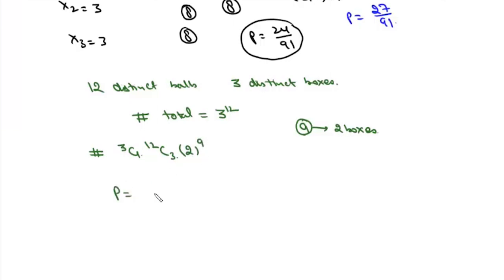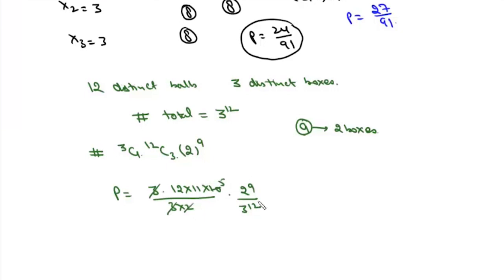So in this case, this required probability will be 3 into 12 into 11 into 10 by 3 into 2, times 2 to the power 9, upon 3 to the power 12. Now this 3 will cancel.